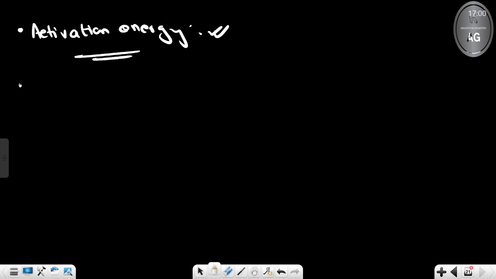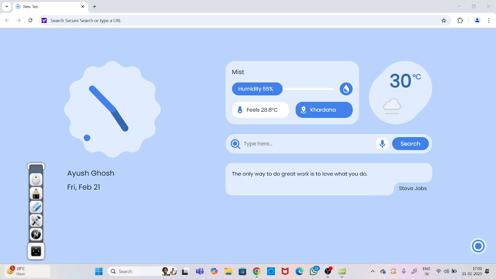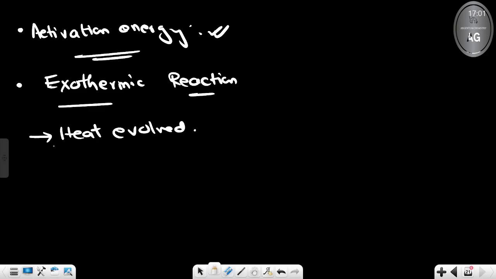Next, coming to the type of reaction. Exothermic and endothermic. First, let us discuss exothermic reaction. What you need to read under exothermic reaction basically, what is an exothermic reaction? Heat evolved. So, in an exothermic reaction, we find that heat is evolved in the reaction. So, why is the heat evolved?